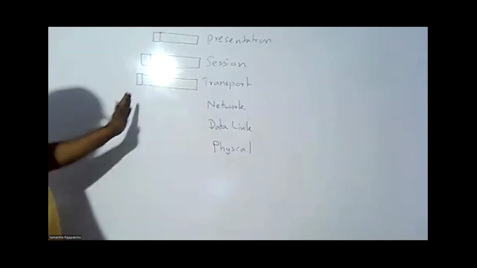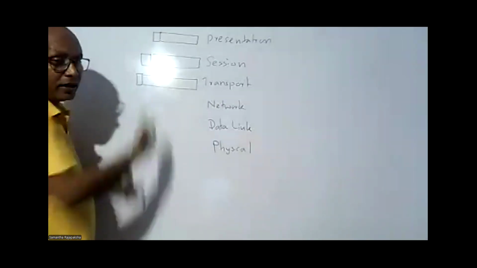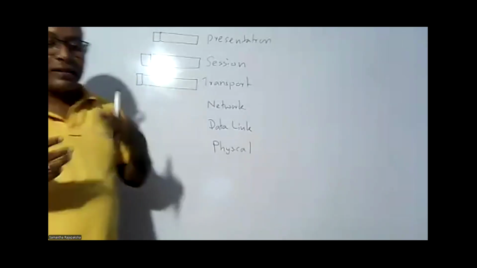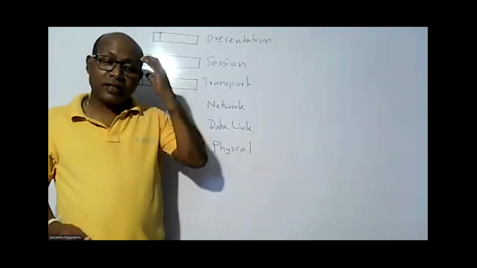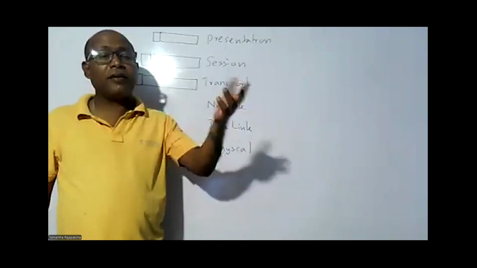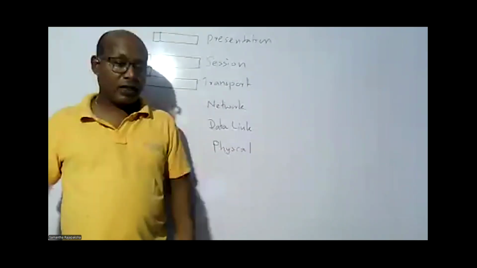And the reverse process, when it goes to the destination, each layer will remove one by one, until the application can see the message. When you send the letter to the post office, it goes into different boxes. Once it comes to the destination, maybe you are sending the letter to Australia, they remove those boxes one by one and then send to the correct location.